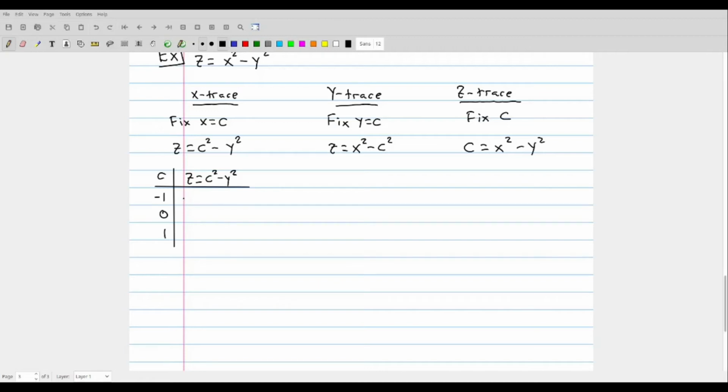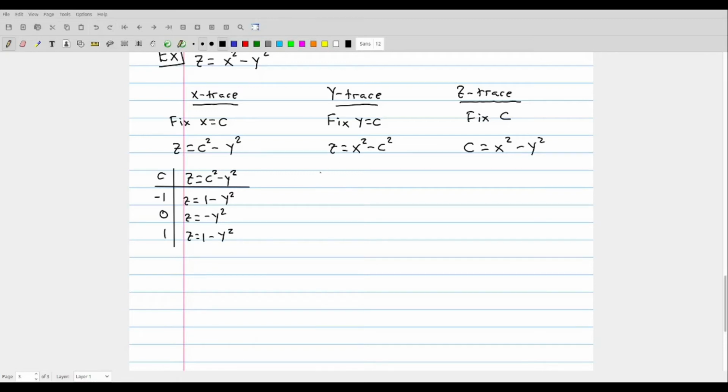So when c is -1, we get z is equal to 1 minus y squared. When c is 0, we get z is equal to 0 minus y squared, or negative y squared. And when c is equal to 1, we again get z is equal to 1 minus y squared.